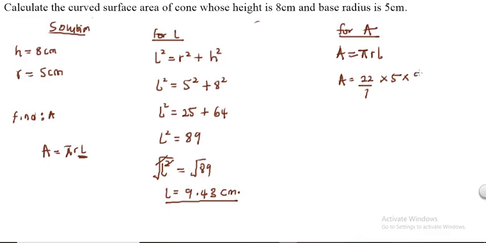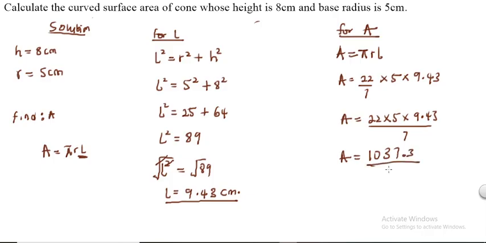If I multiply all the numerators, I have 22 times 5 times 9.43, and then divide everything by 7. 22 times 5 times 9.43 gives 1037.3, divided by 7.